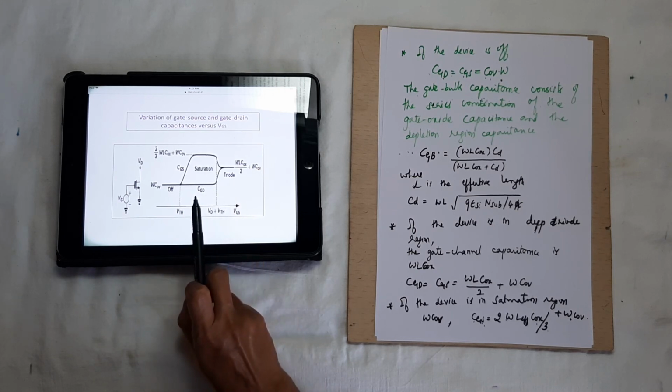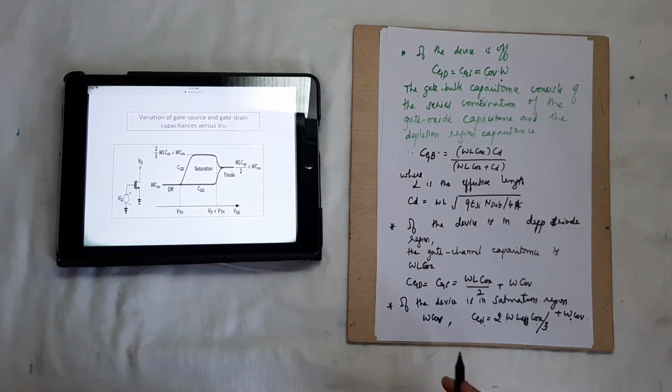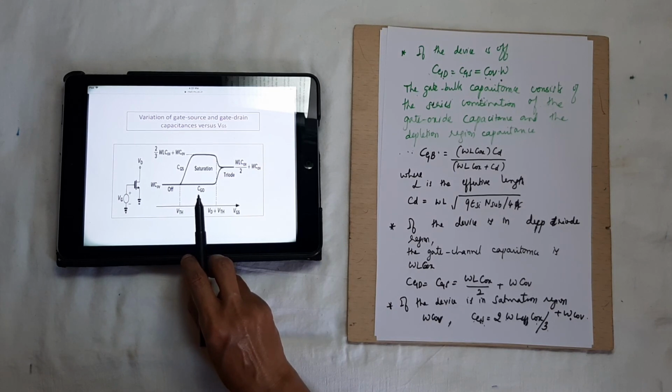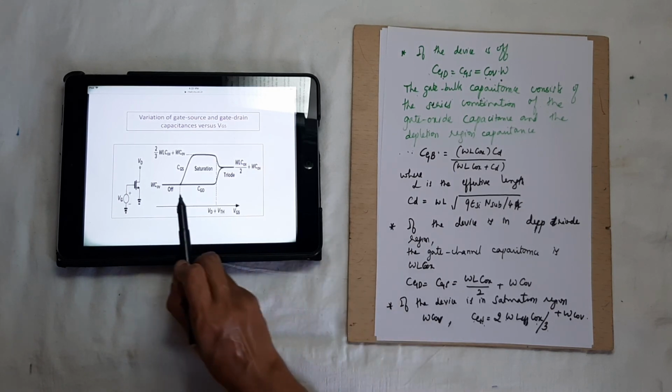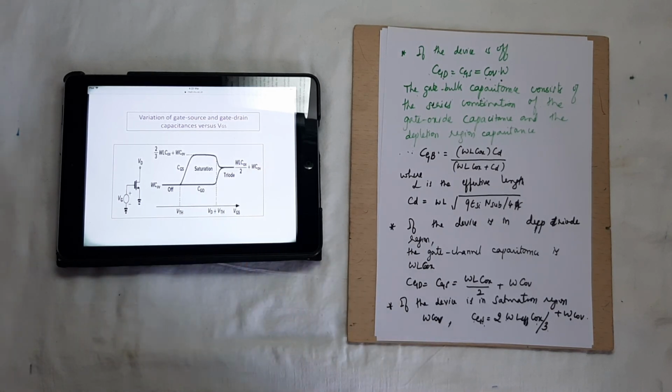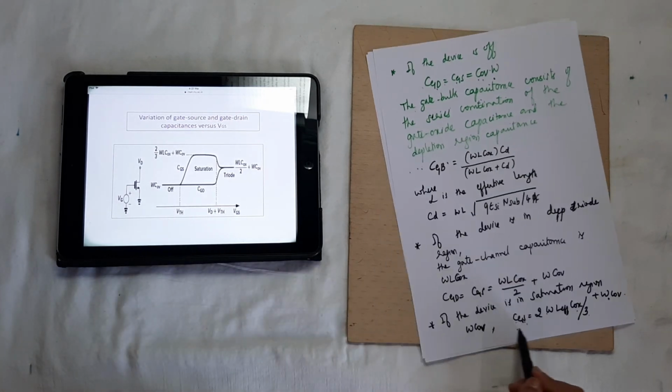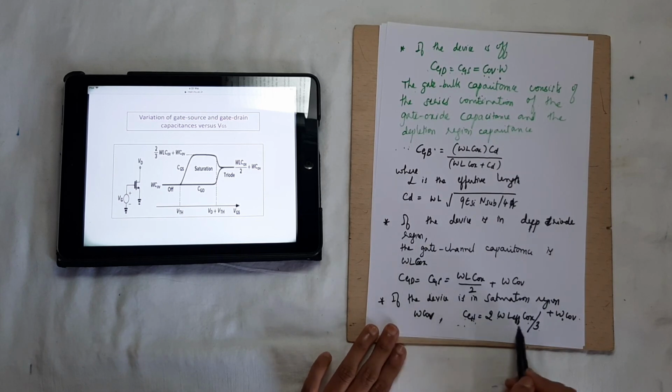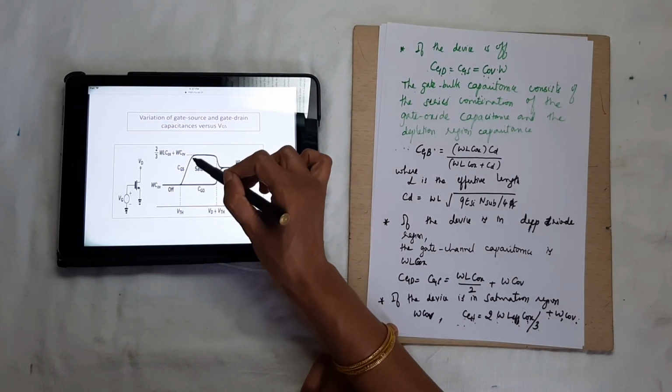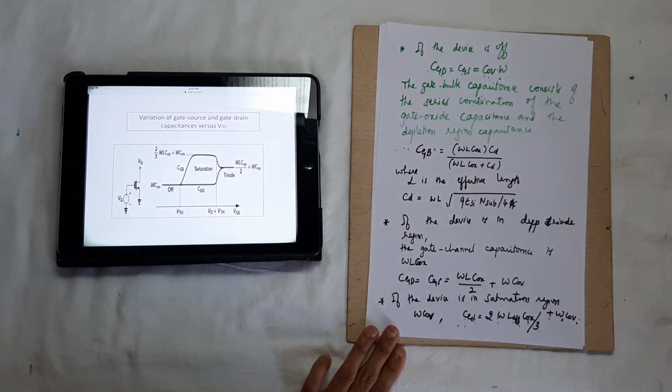If you see the saturation region, what is CGD? CGD is only the overlap capacitance. So therefore it is almost shown as a straight line. And what about CGS? CGS is shown as 2/3 of W L effective Cox plus W into COV. Therefore, this CGS increases till this value.